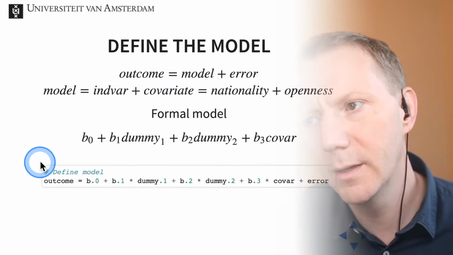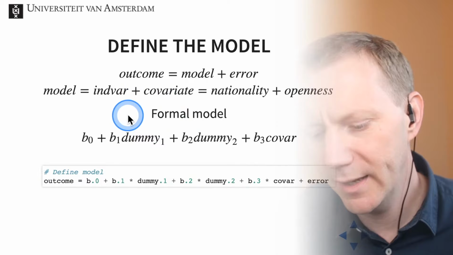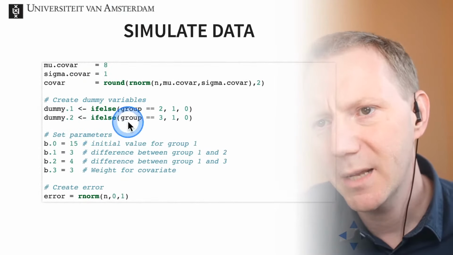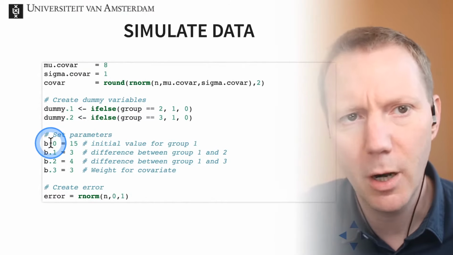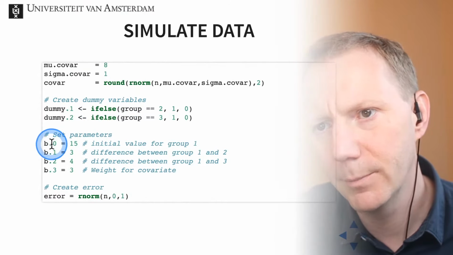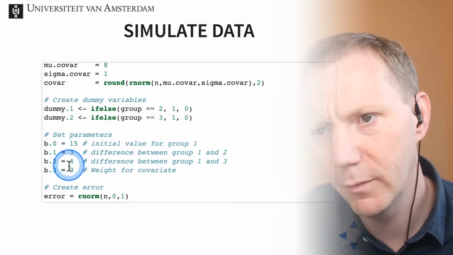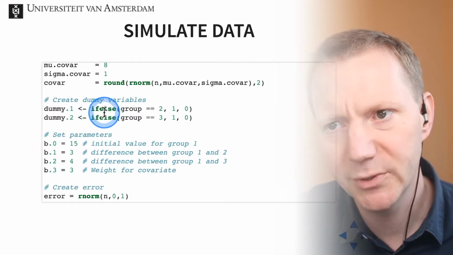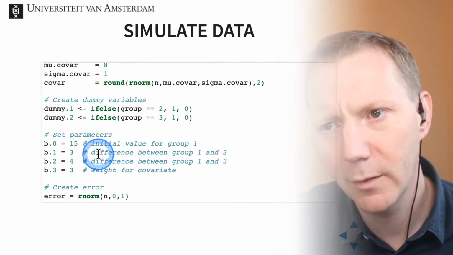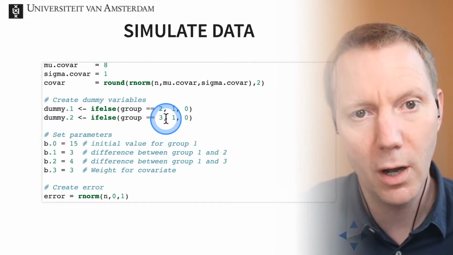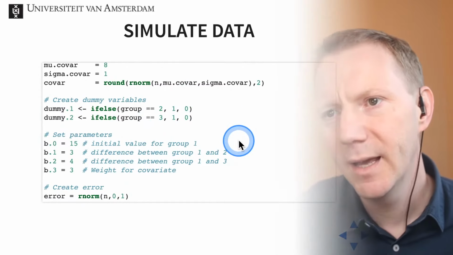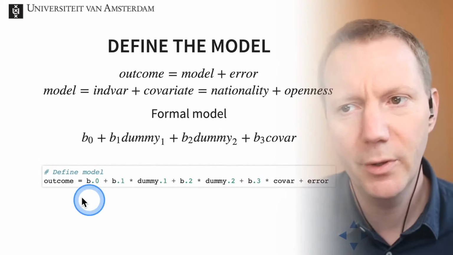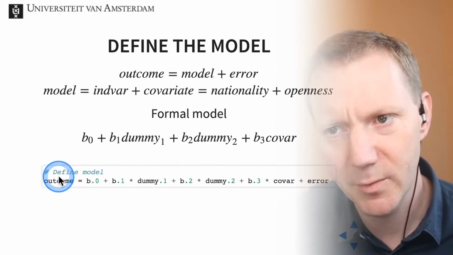So if I'm simulating this data, going up one slide, I've chosen some arbitrary values of the beta coefficients: 15, 3, 4, and 3. I have specified my dummy variables that either turn your beta coefficient 1 or 2 on or off. And that means that I actually have all the components to simulate my outcome variable. And that's what I'm doing here.